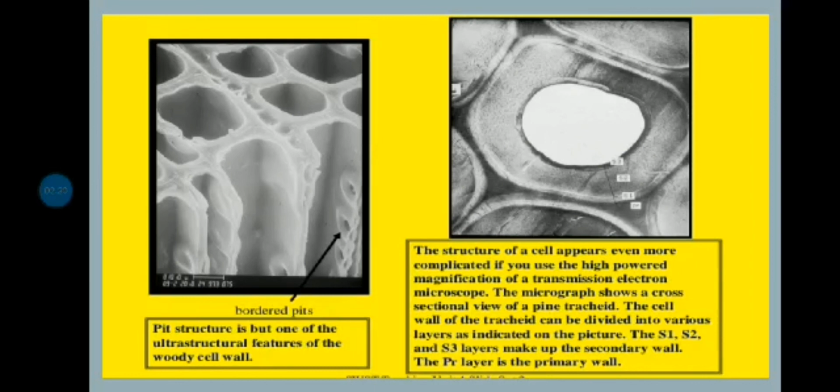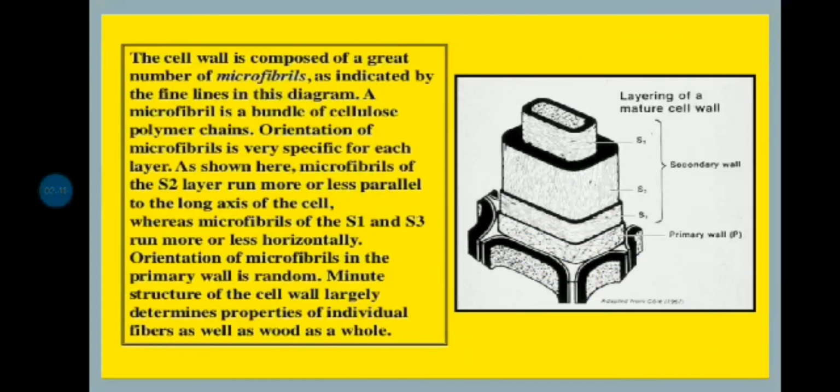The cell wall of a tracheid can be divided into various layers as indicated on the picture. The S1, S2, and S3 layers make up the secondary wall. The P layer is the primary wall.